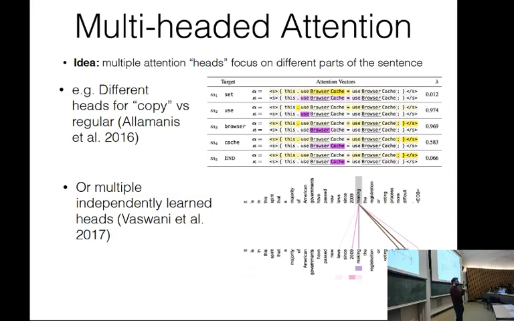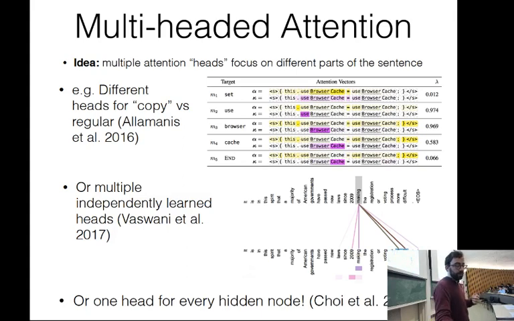And basically, they showed that some heads could potentially learn to capture syntactic features. Others would learn to capture something more related, for example, to semantics or something like that. So that's always an idea. Another one is that you can even have different heads for every hidden node, but that's also a recent work.